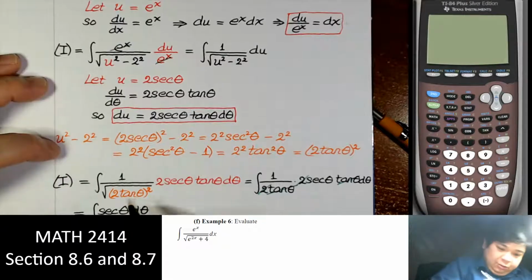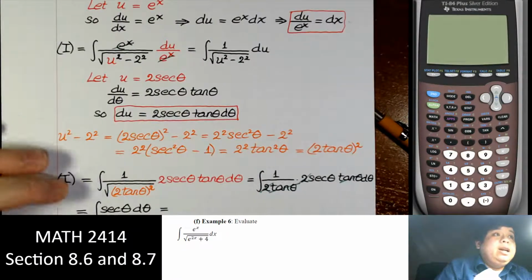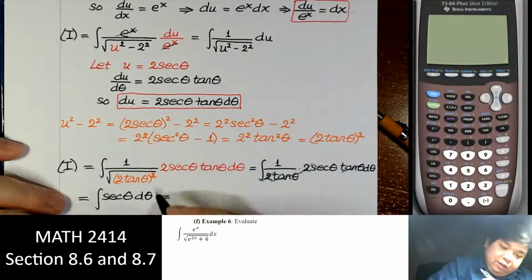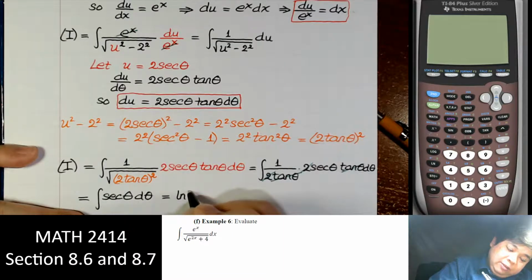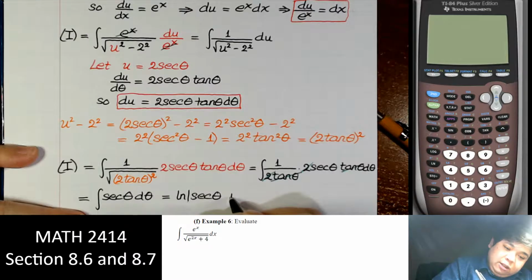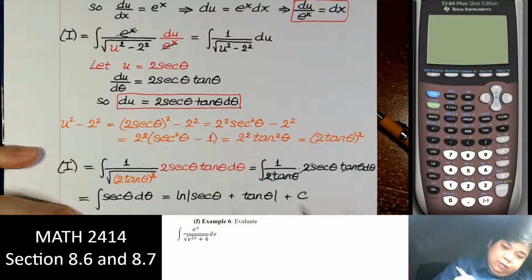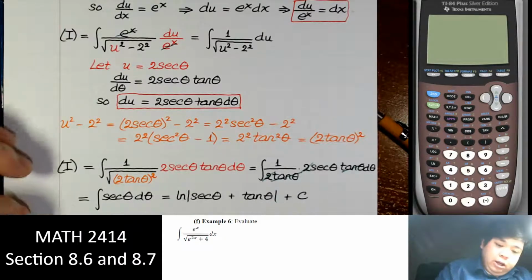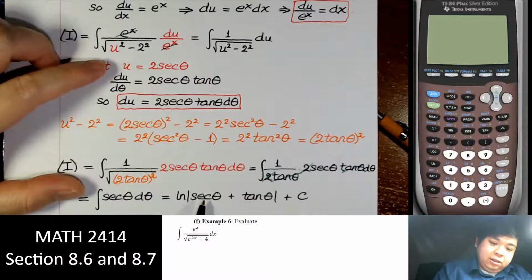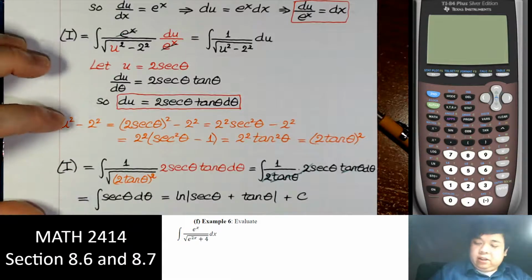And then the integral of secant is ln secant plus tangent. We have the secant. Now we just need to solve for the tangent.